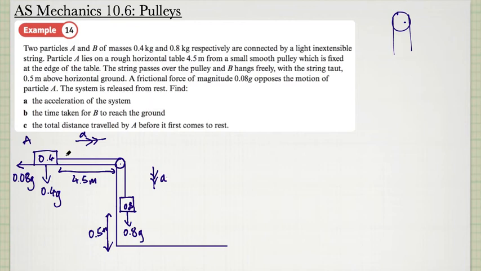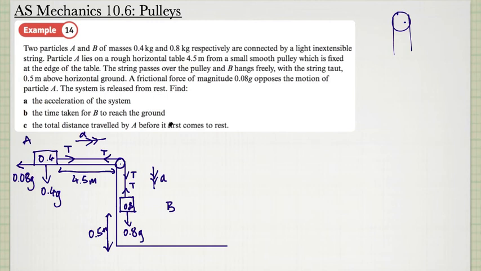We also have a tension in the string. It's acting forwards, pulling A forwards, which means it's pulling backwards on the pulley itself. We have the same down here: it acts downwards on the pulley, which means block B experiences it acting upwards.